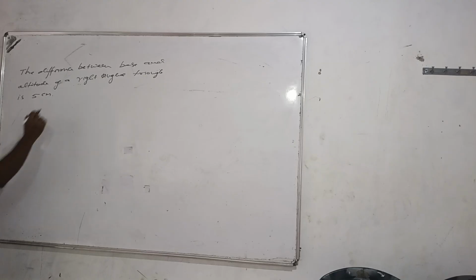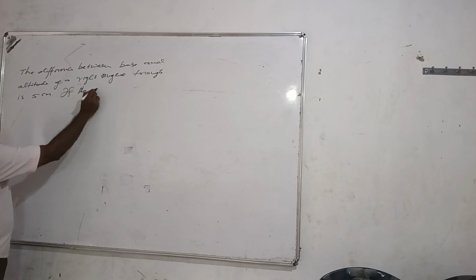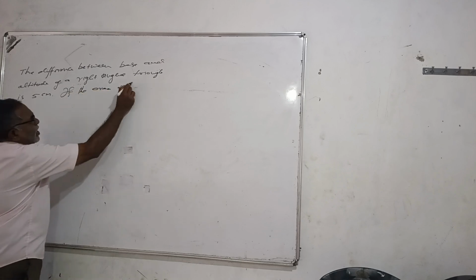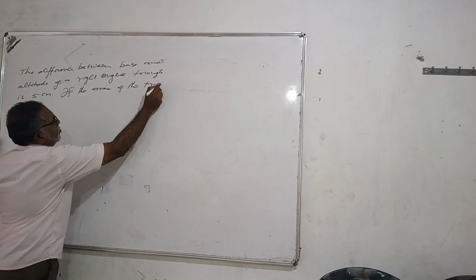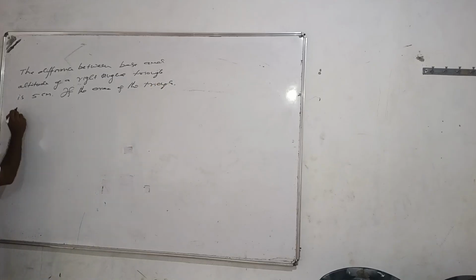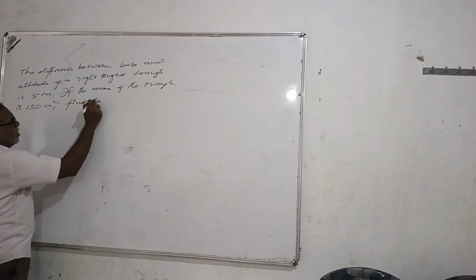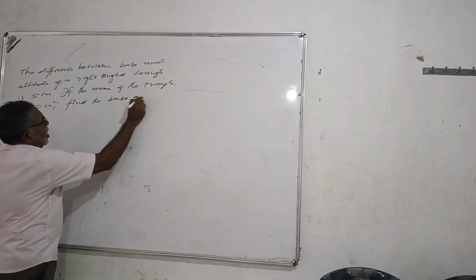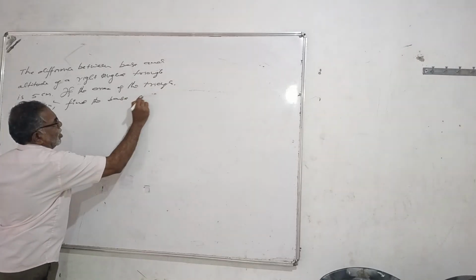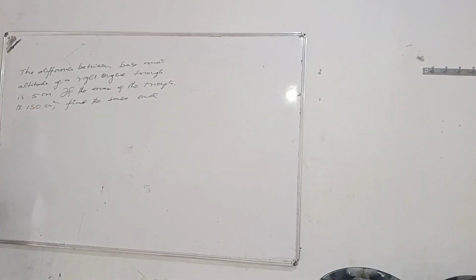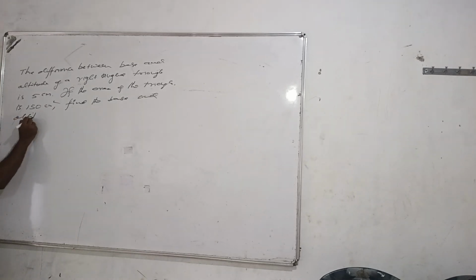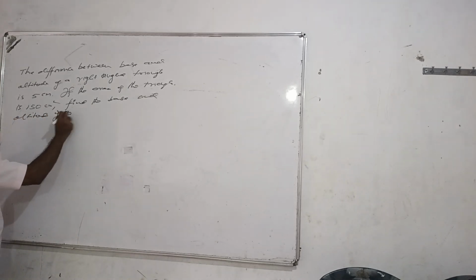If the area of the triangle is 150 centimeter square, find the base and altitude of the triangle.